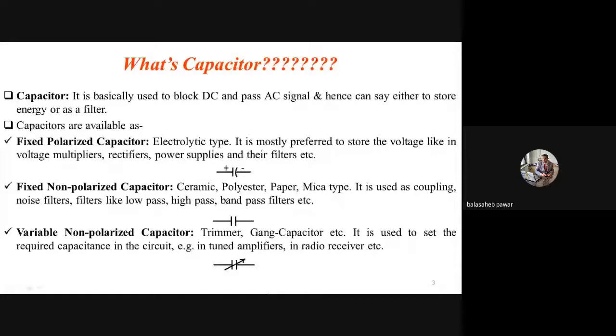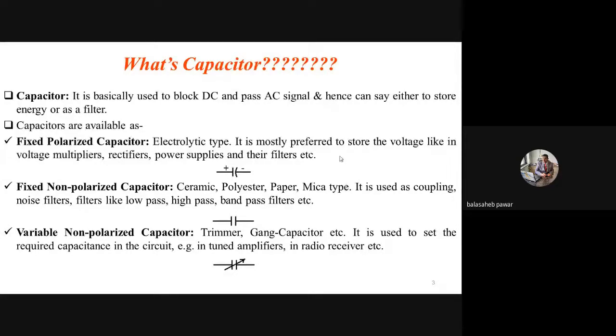The fixed polarized capacitor is also known as the electrolytic type. It is mostly preferred to store voltage, like in voltage multipliers or rectifier circuits and their filters, etc.